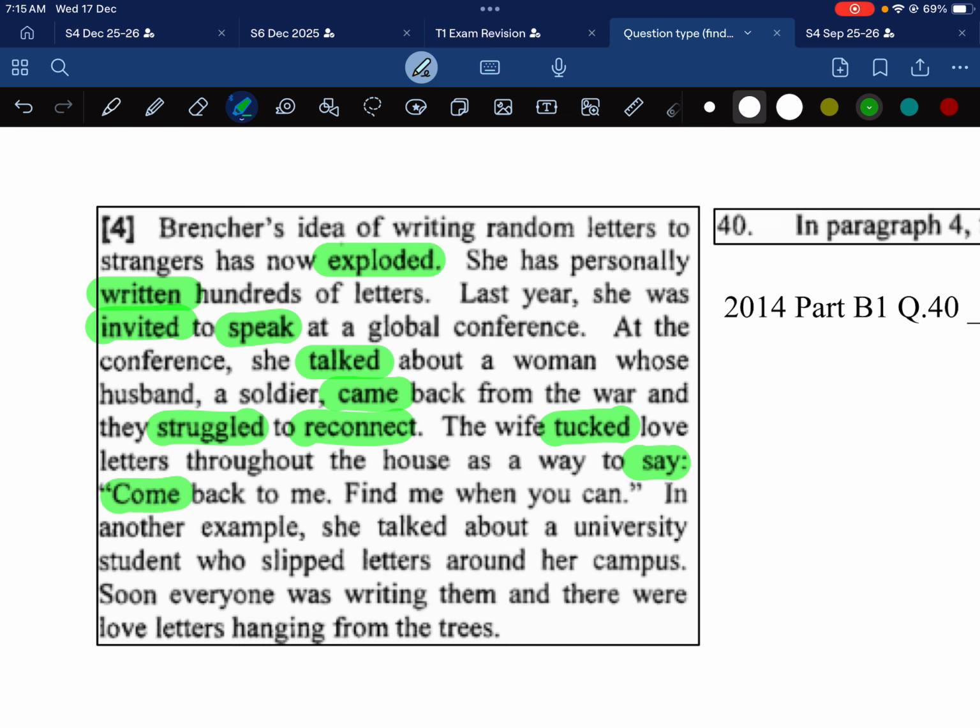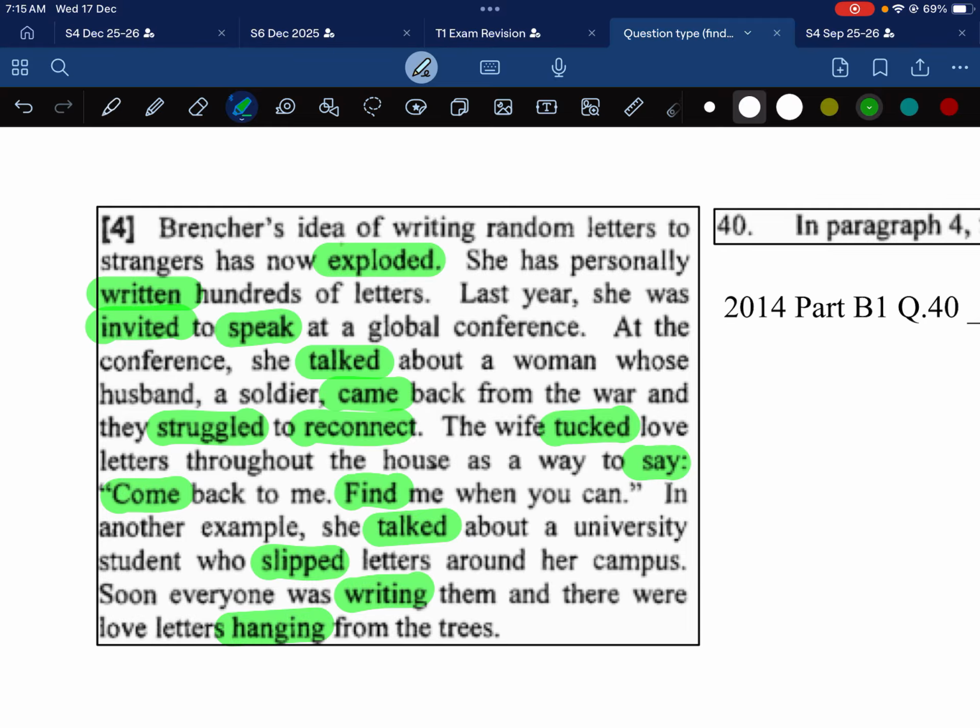Come, find, okay, talked about again, slipped, letters, writing, there were love letters hanging from the trees.